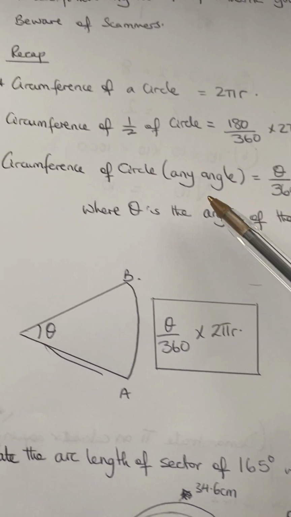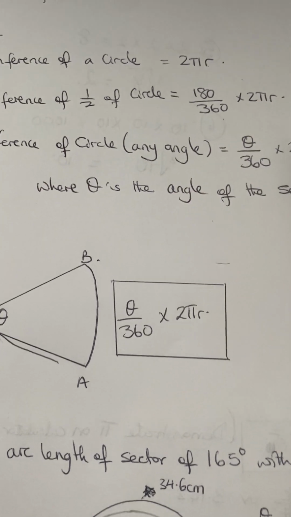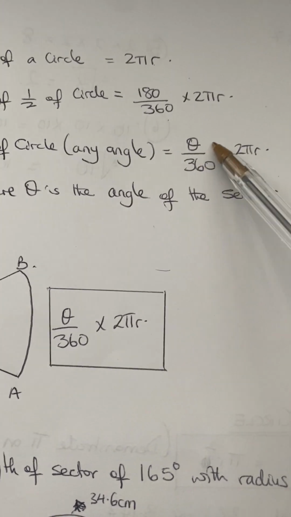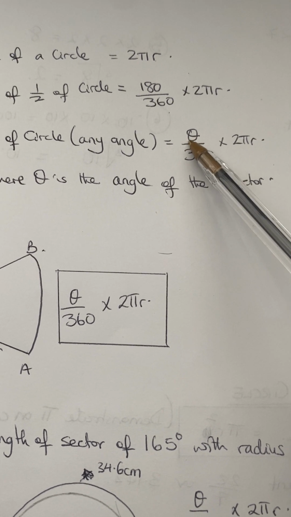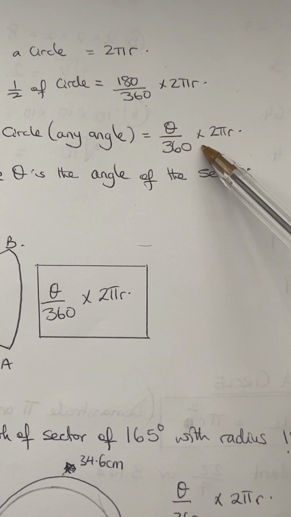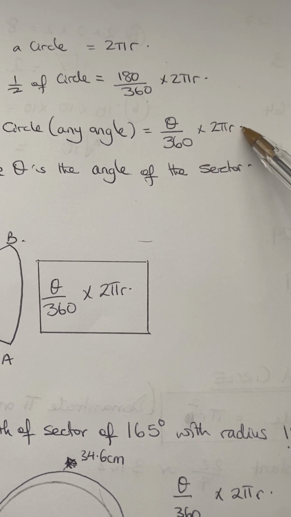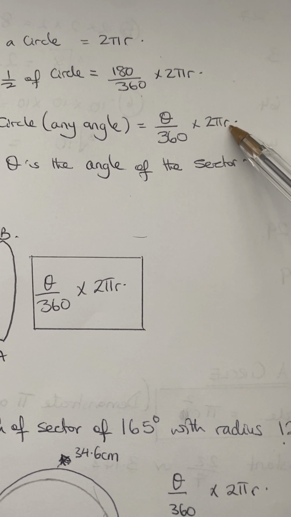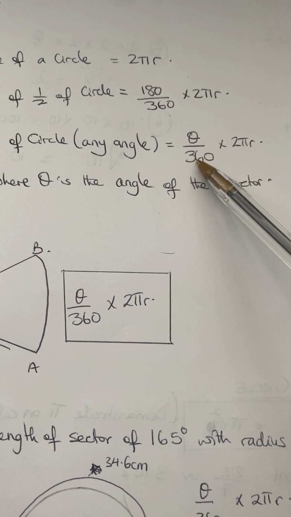So the arc length of a sector of any angle theta, the angle, is theta over 360 times 2 pi r. I asked you to put this on your flashcard.